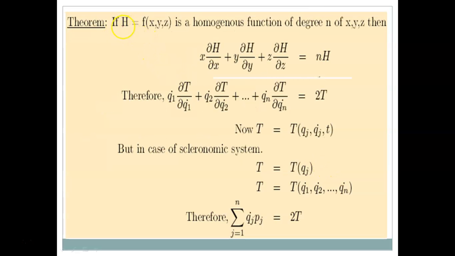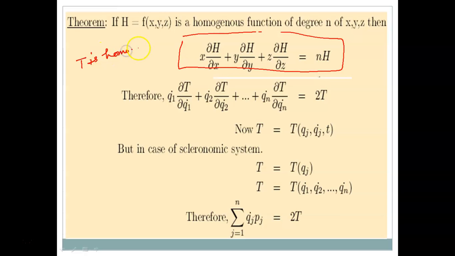Now one result is there, we can write, if h be a homogeneous function of degree n, then by Euler's theorem in differential calculus we know that x del h by del x plus y del h over del y plus z del h over del z is equal to nh. So here basically T is homogeneous. T is homogeneous, we have seen in the last article. T is homogeneous of degree 2.